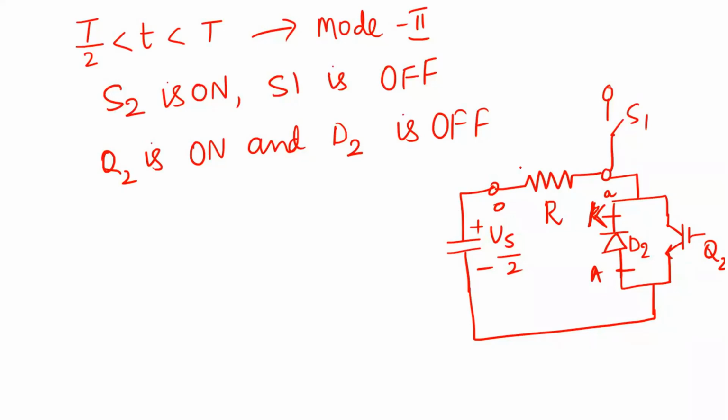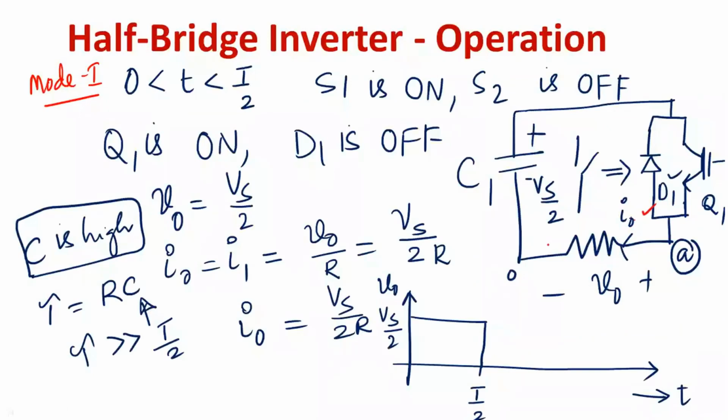Now, you know that the current always flows from higher potential terminal to lower potential terminal. So the direction of current in the load will be from O to A. In the previous case, the current was flowing from A to O, because terminal A was connected to the positive terminal.